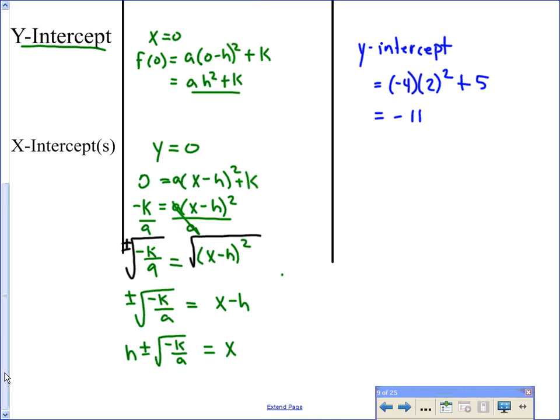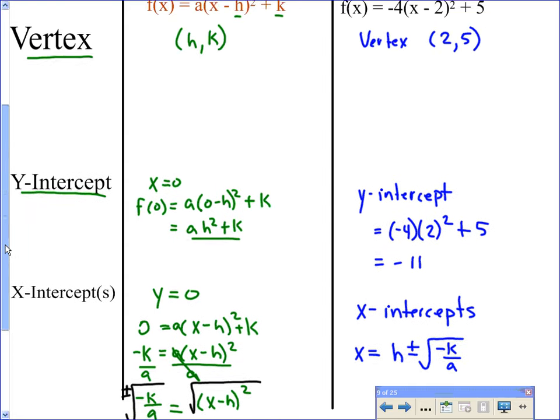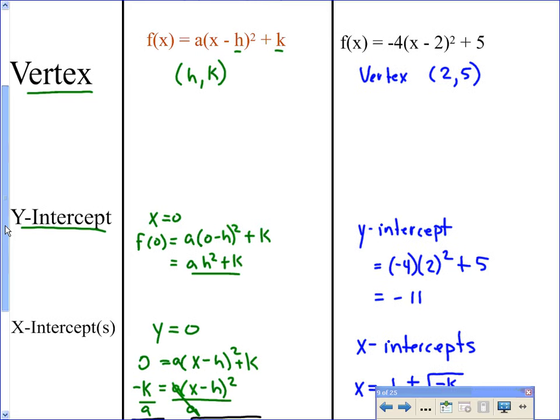All right, so now let's use that in this problem. Remember our x-intercepts. The formula is going to be that x is equal to h plus or minus square root of -k over a. So going back to look at our equation now, here's our equation.